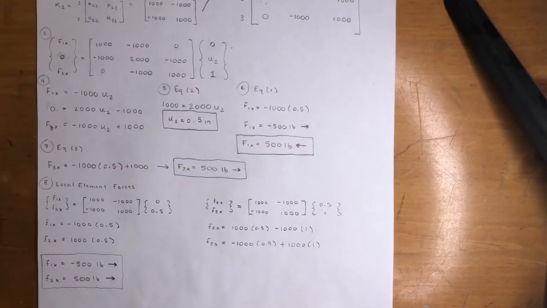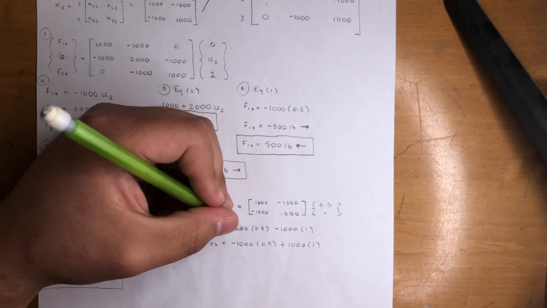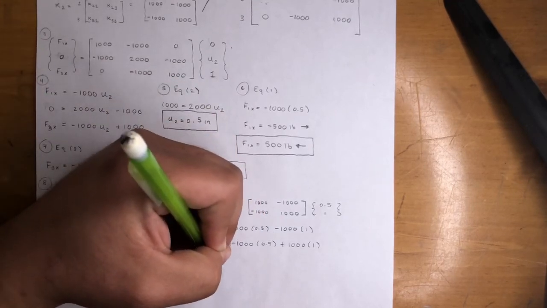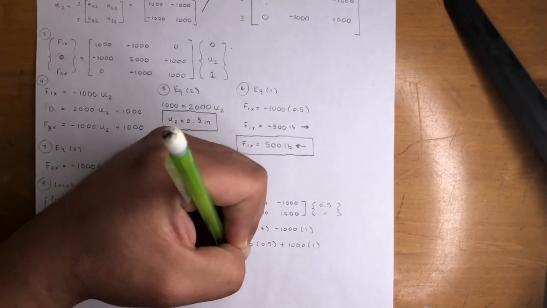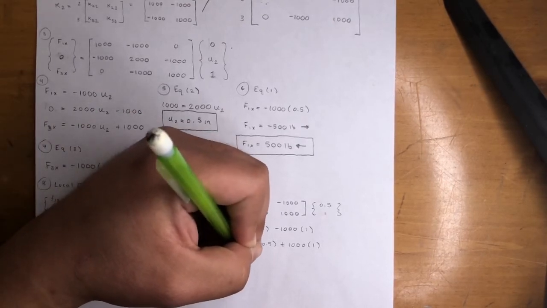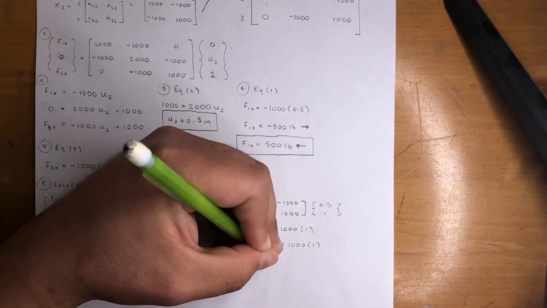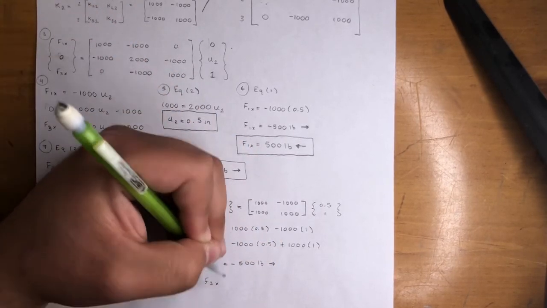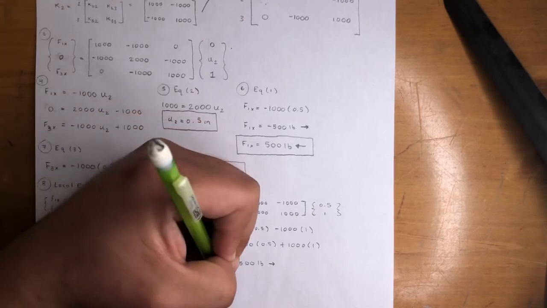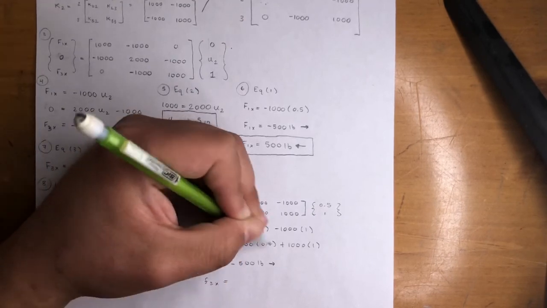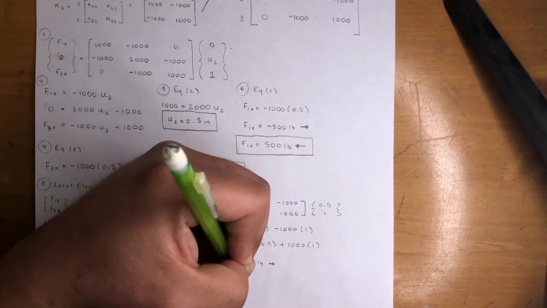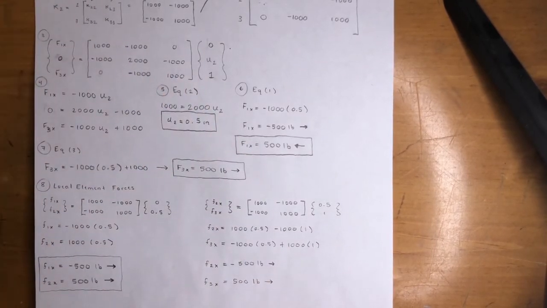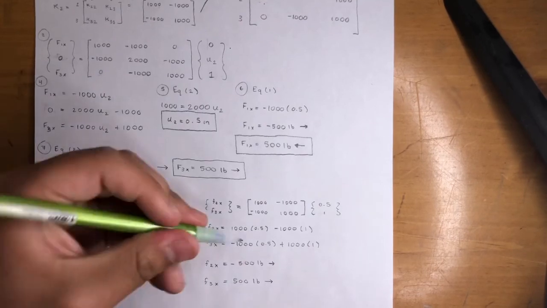All right, so this is 500 minus 1,000. That means F2x is equal to negative 500 pounds going this way. And then F3x is equal to 500. Because this is negative 500, that's 1,000. So 500 pounds going this way. All right, so that's the answer right there.